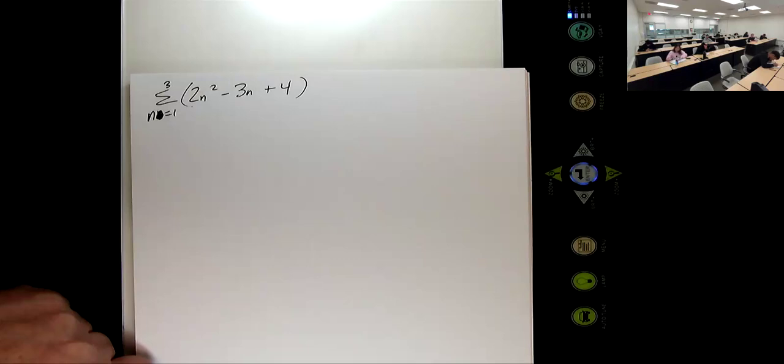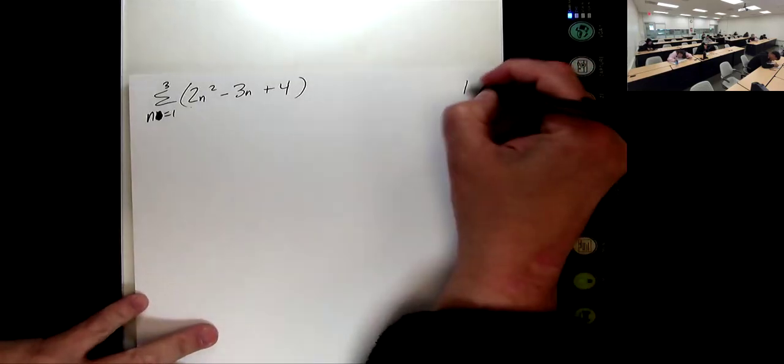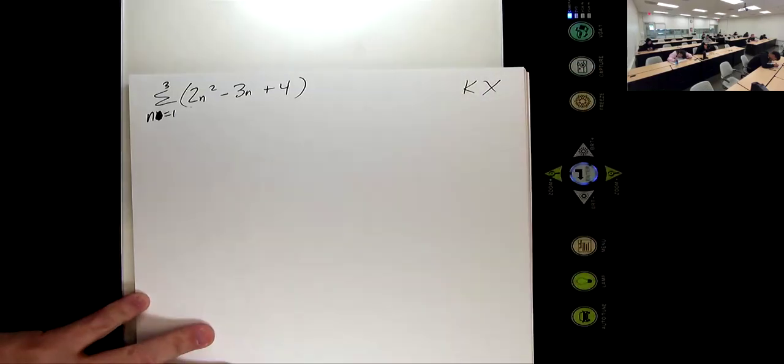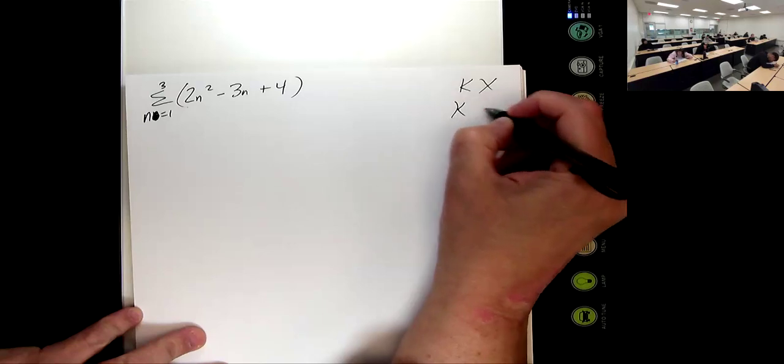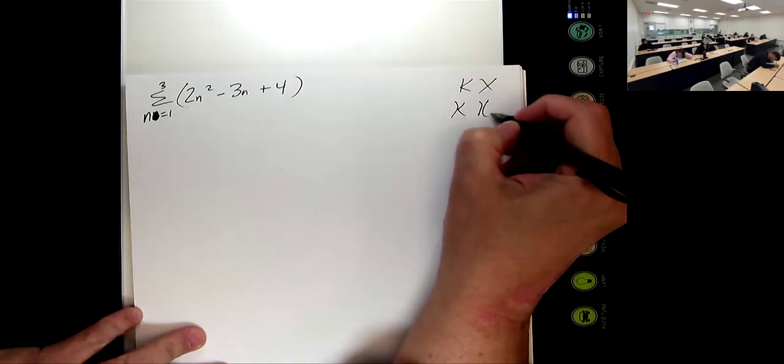And I have noticed that if I get writing fast, my K's can look like X's and it's confusing. So I'm trying to avoid using K's. You know, they look close. If you're writing fast, the K can look a little crooked and the X can look a little flat.